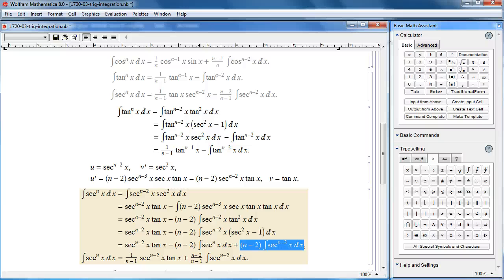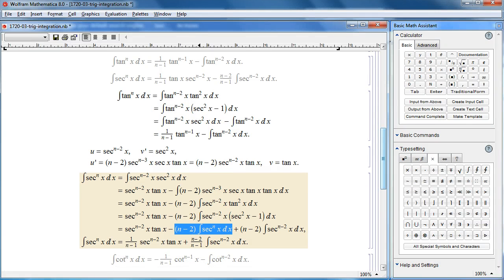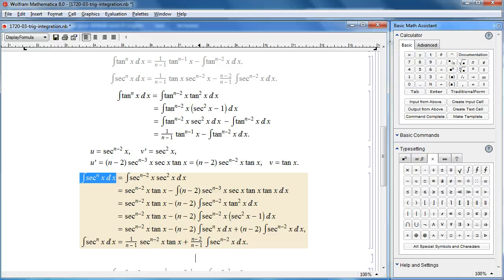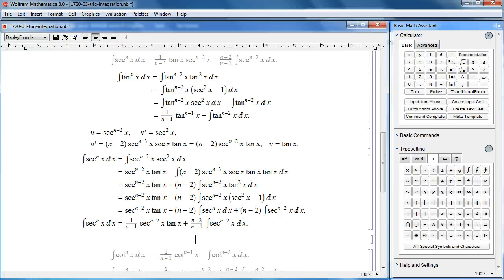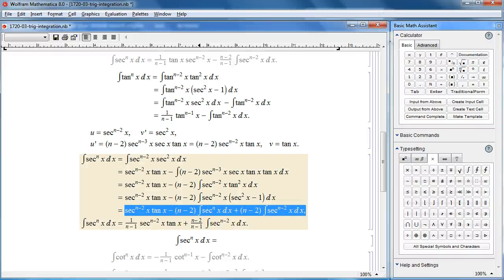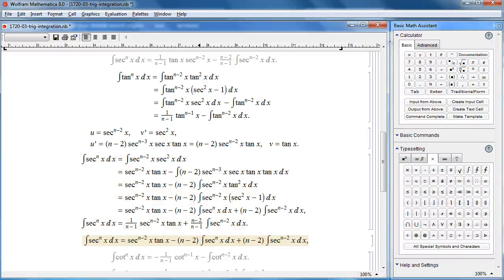So if I flip this middle part to the other side, you're going to get something like this. Okay, that's where we start.